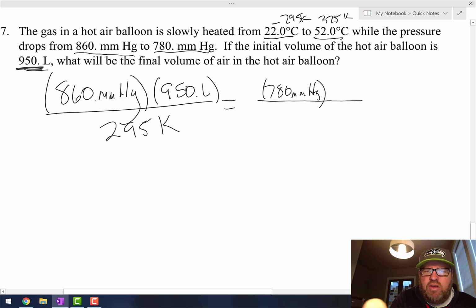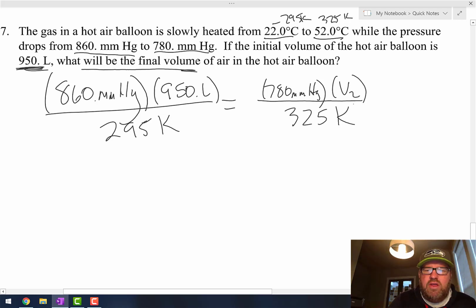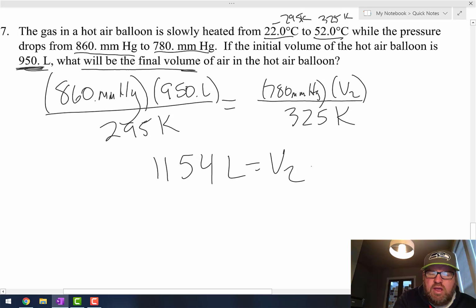Our final volume is what they're asking us for. What will be the final volume? And then our final temperature is 325 Kelvin. Okay, so I'm going to do this one. 860 times 950 times 325 divided by 295 divided by 780 equals 1,154 liters.